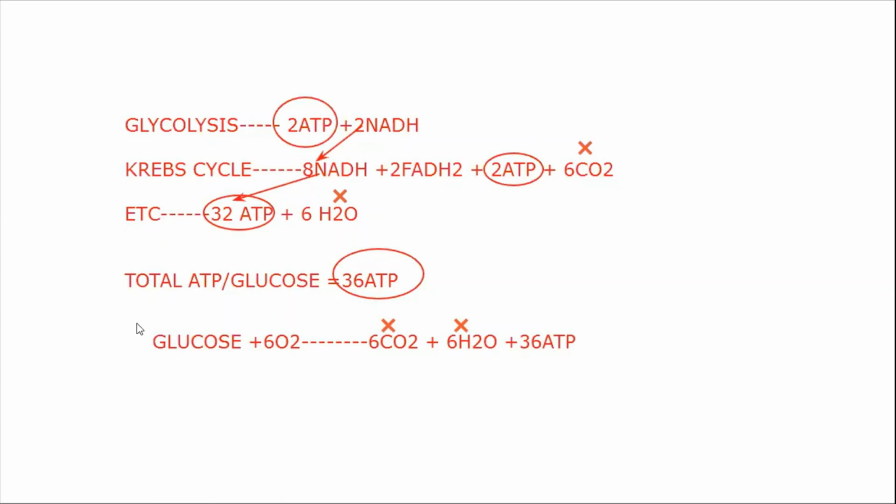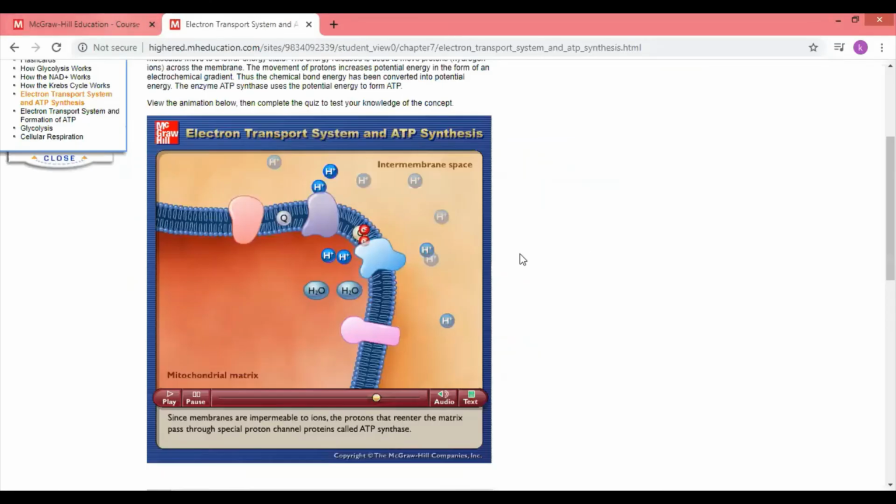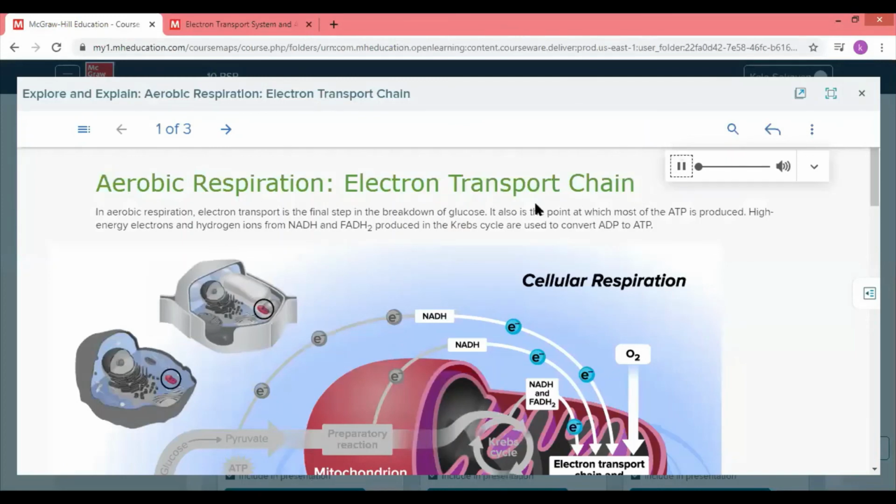One glucose will yield 36 ATP. So this is the summary of the number of ATPs per each stage of aerobic respiration.